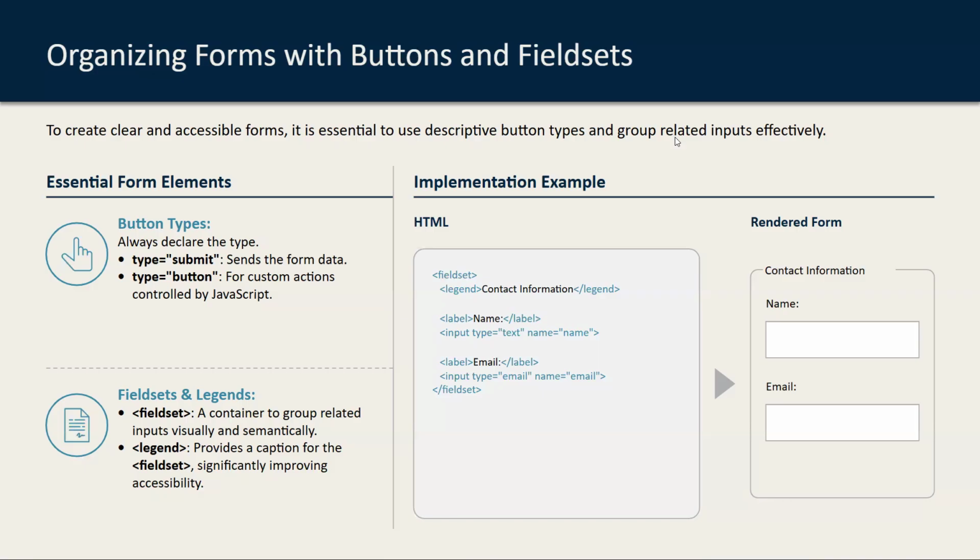In the example that we can see right here, the contact information inputs are grouped inside a field set, and the text Contact Information comes from the legend. So the takeaway from this slide is that you should always be explicit when it comes to button types, and use field set and legend to organize related form inputs in a way that is clearer and more accessible to users.